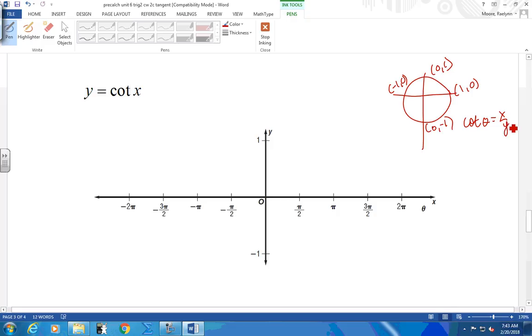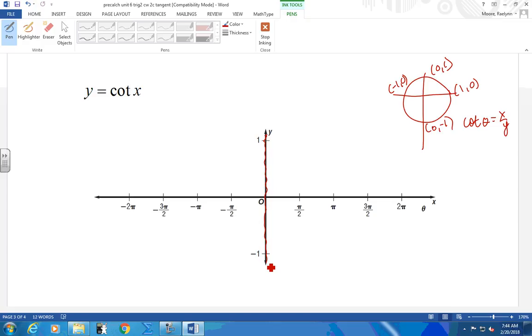Okay, so at 0, what is your cotangent? It's undefined. I can't divide by 0. Asymptote. So looking at that, without doing the next one, where do you think my next undefined is? At pi, because why?